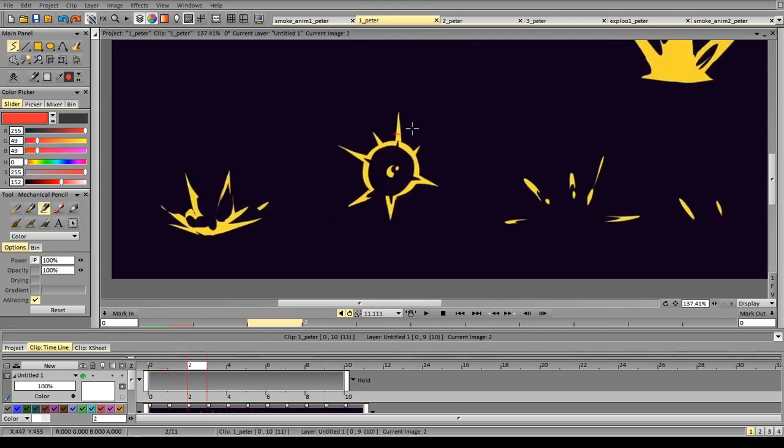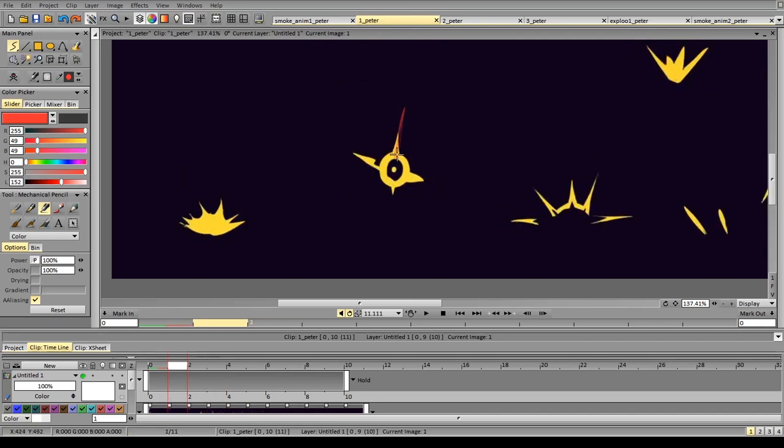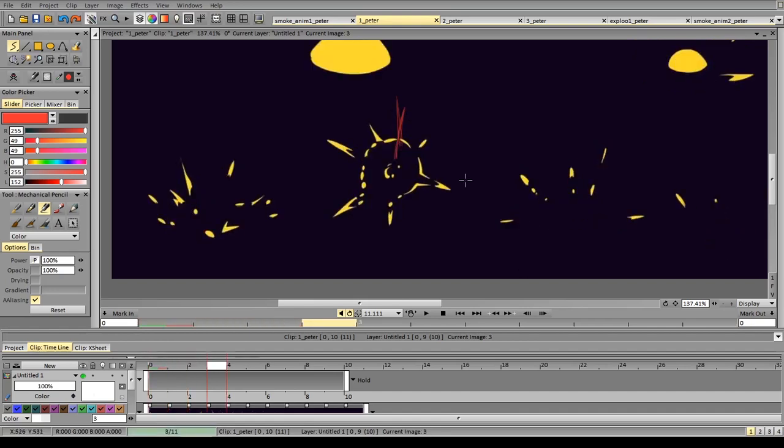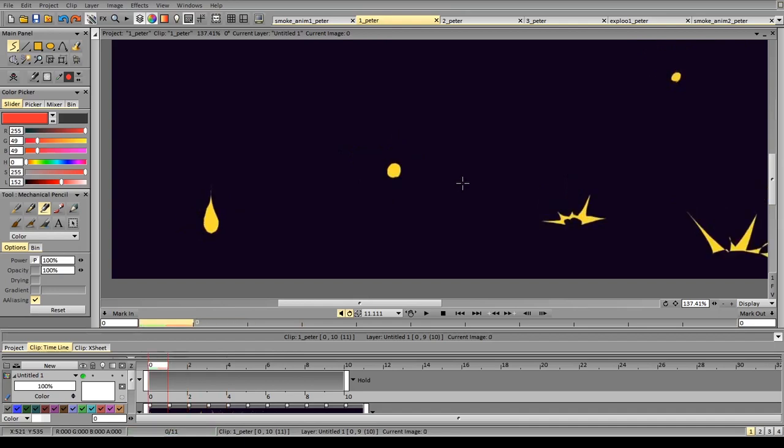This one is mostly okay, it's just that this particle is suddenly disappearing and it is quite noticeable. And the second thing is the direction change. You see, it's pointing in a different direction.